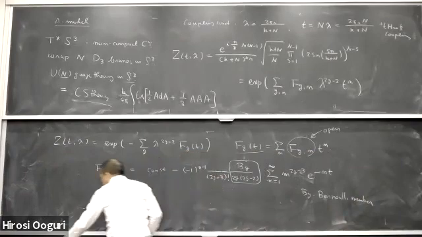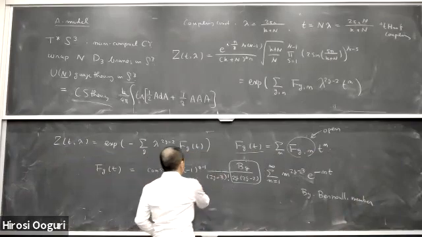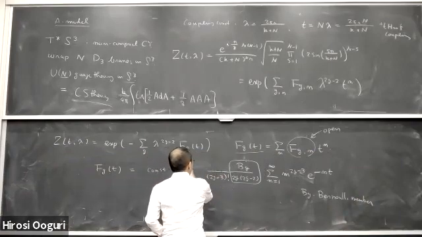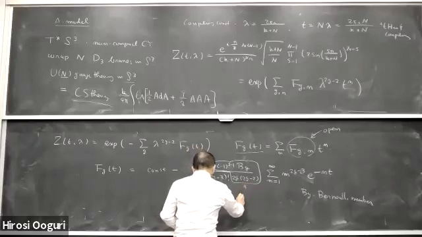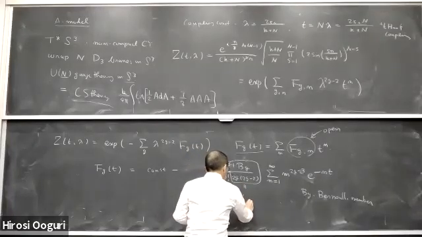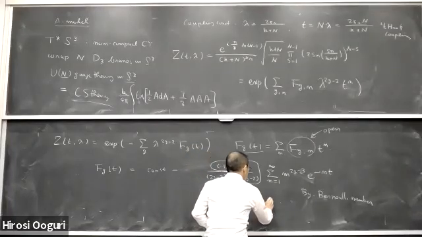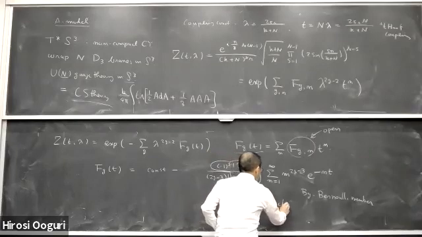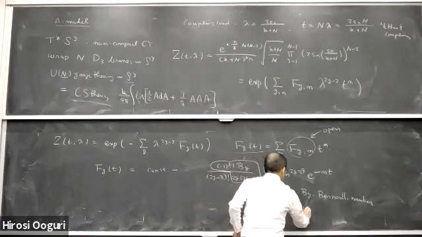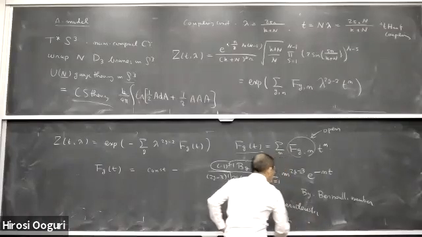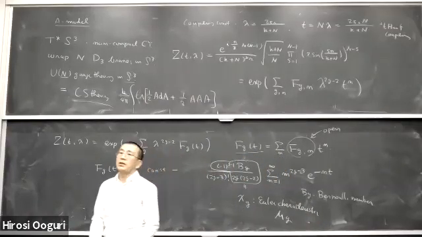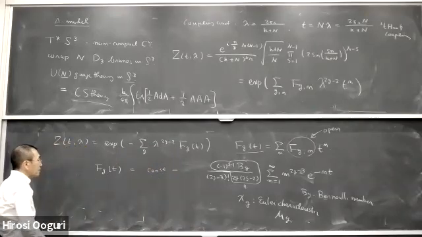And this combination, including this minus sign, is the Euler characteristic of the moduli space of closed Riemann surfaces of genus g.